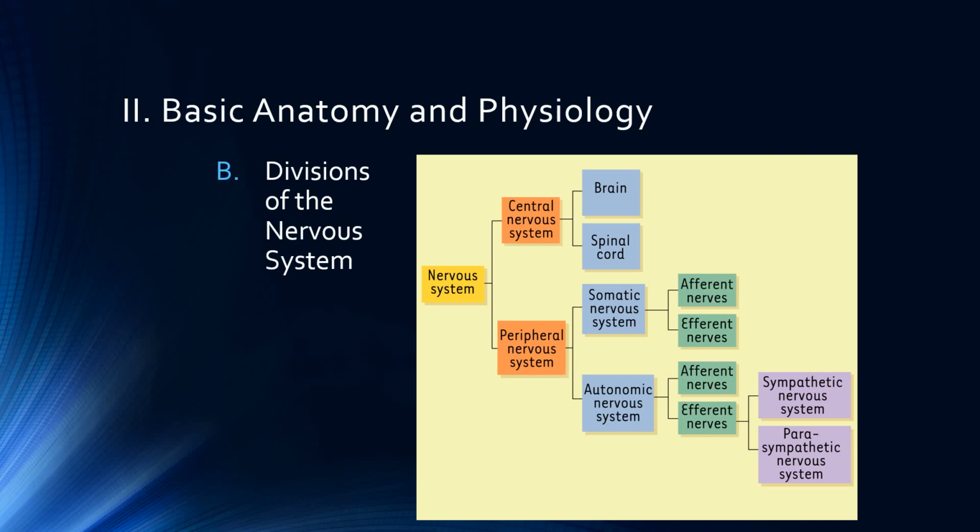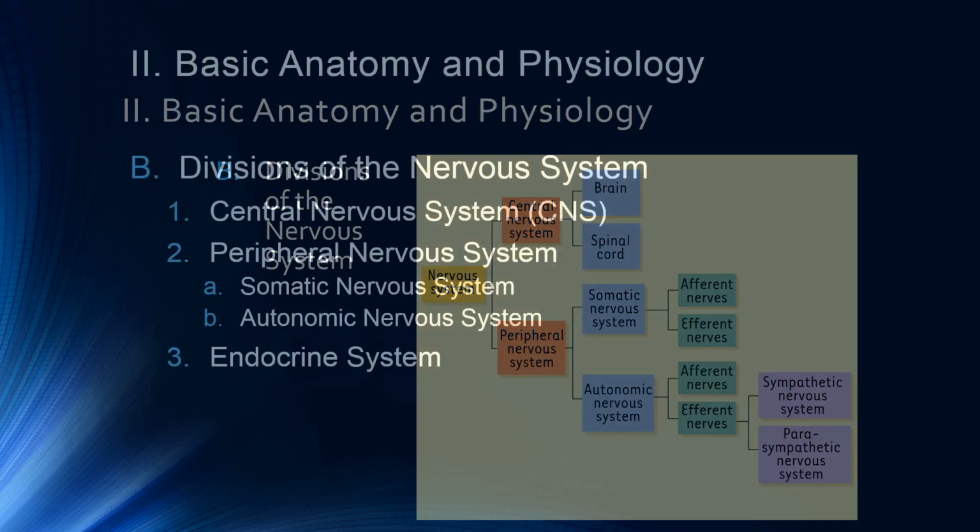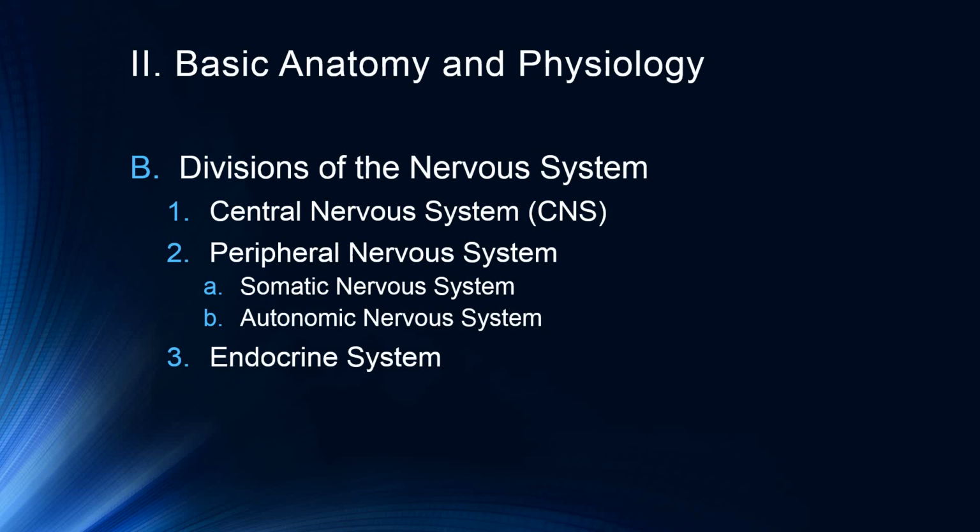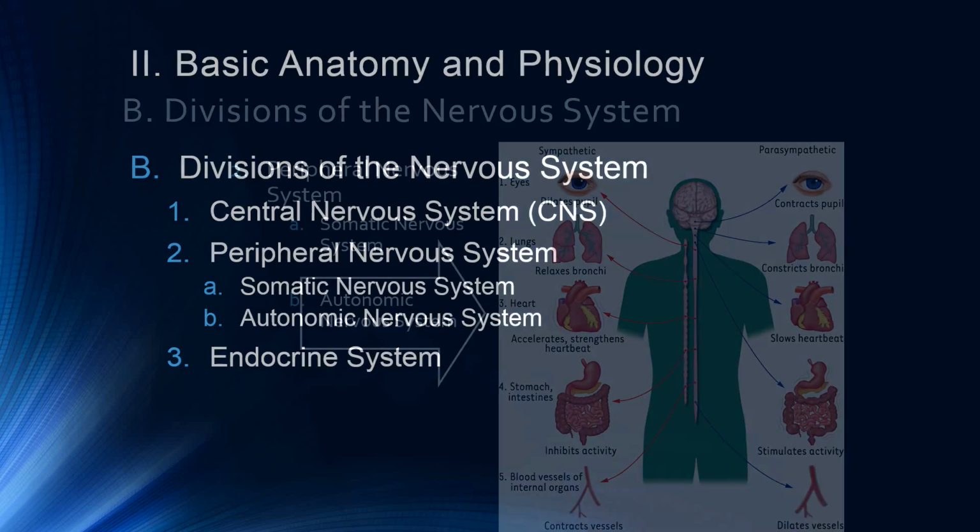So when it's activated, we're generally in an aroused state, so a fight or flight kind of response. The parasympathetic nervous system is what's sort of operating under normal circumstances. So we'll take a closer look at that autonomic nervous system. We'll also talk a little bit about the endocrine system. The endocrine system has some important components that will be relevant to our discussions as well.